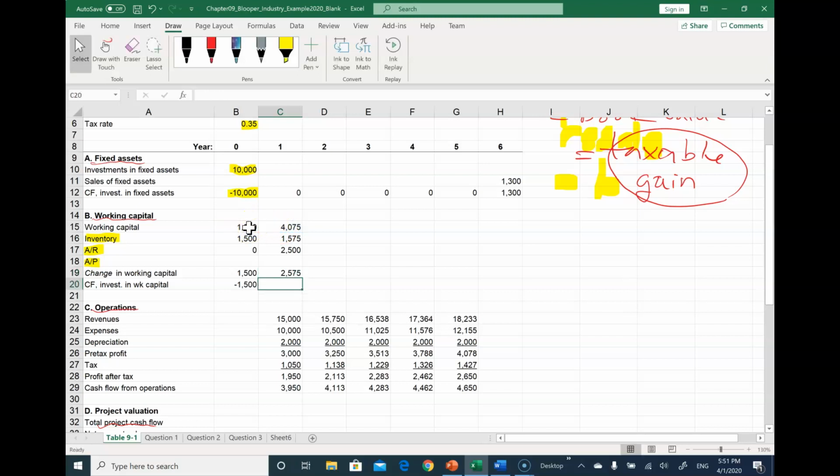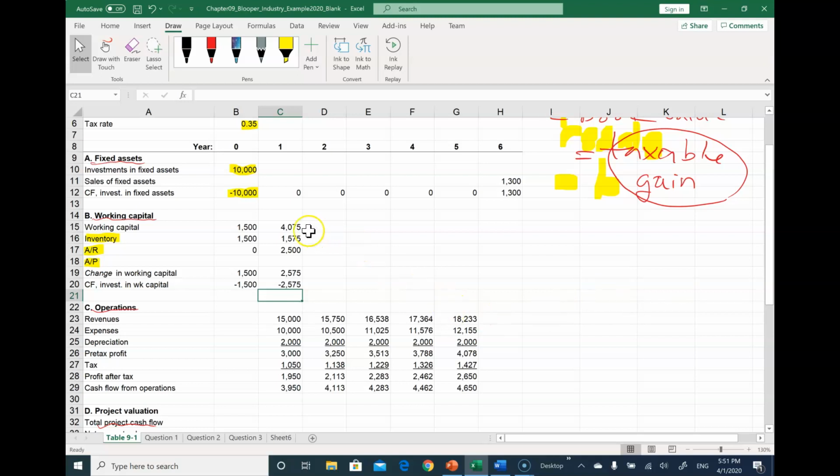The change was 2.575 million, and the cash flow from the investment in the working capital is the inverse of it, the negative of this value. Because the working capital has increased, any increase in the working capital is a cash outflow, right?